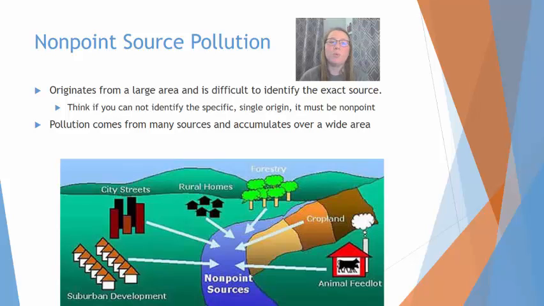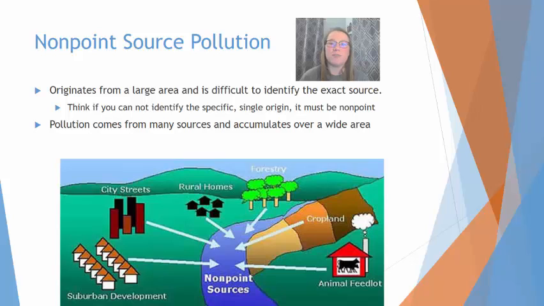The other type would be non-point source pollution. Non-point source pollution typically originates from a large land area, and it's pretty difficult to identify the specific or exact source of that pollution. So remember, if you cannot identify a single point that the pollution's coming from, that means it must be a non-point source pollution.